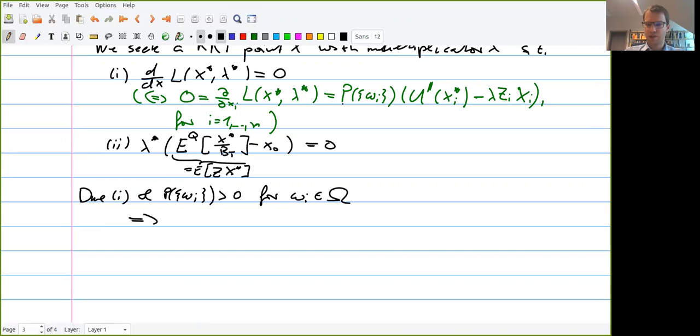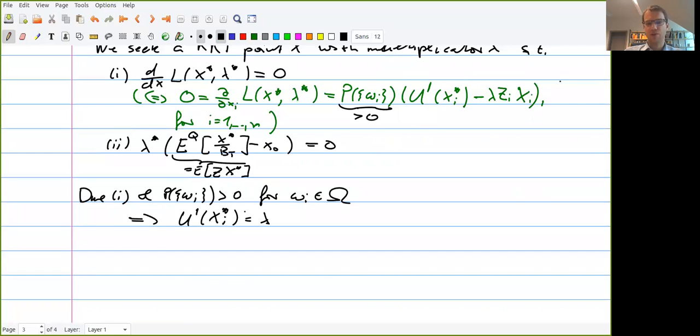So this is always positive. So the second term here has to be 0. So this multiplied with this has to be equal to this. This term has to be 0.